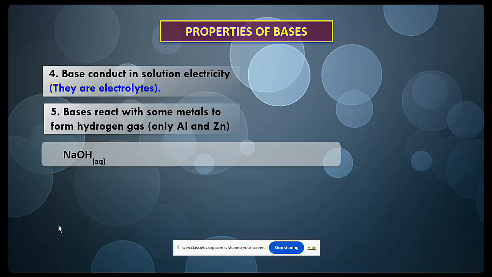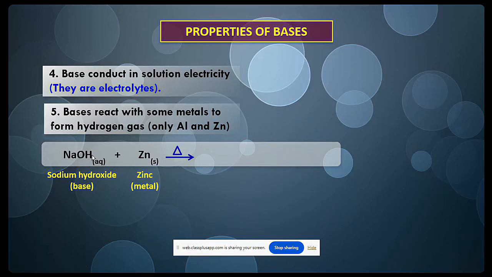NaOH aqueous solution, that is sodium hydroxide base, and zinc, which is solid in state. Zinc, a metal, gives rise in the presence of heat. There is no chance to react directly because sodium is more reactive than zinc.